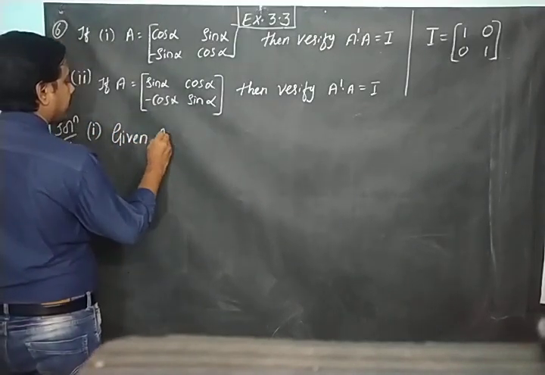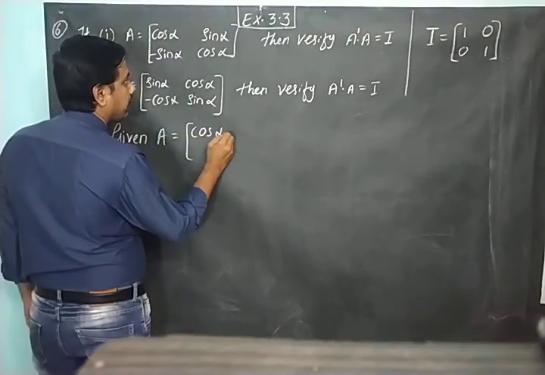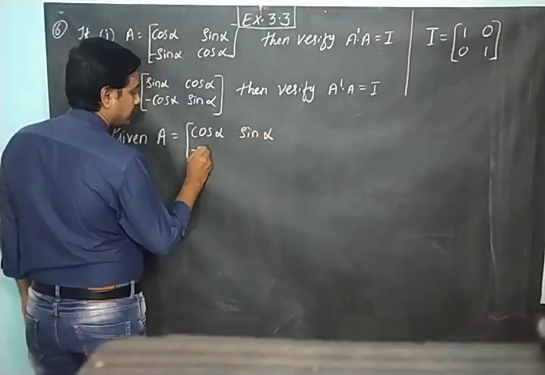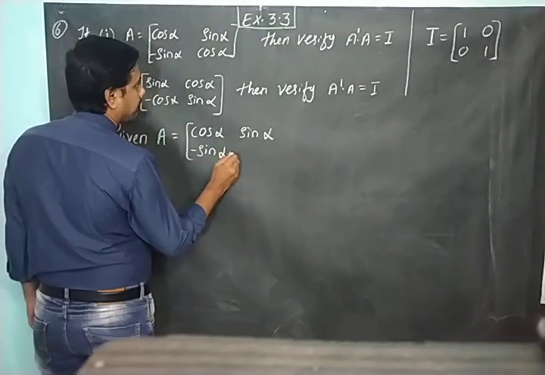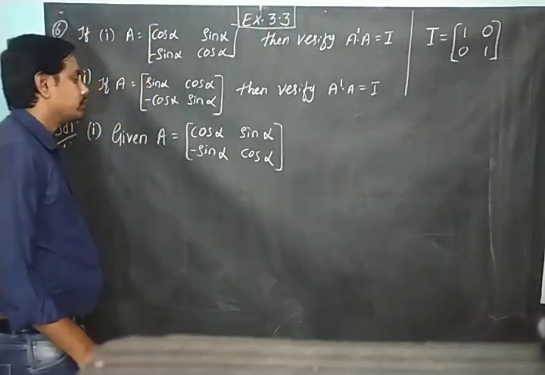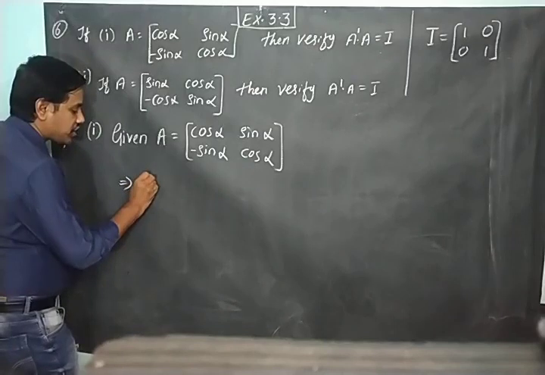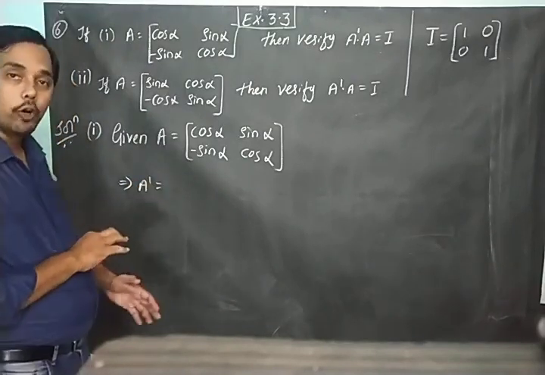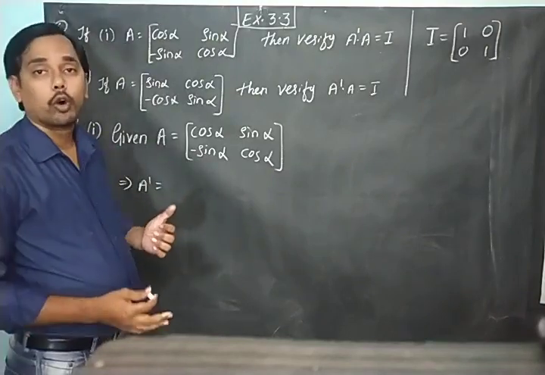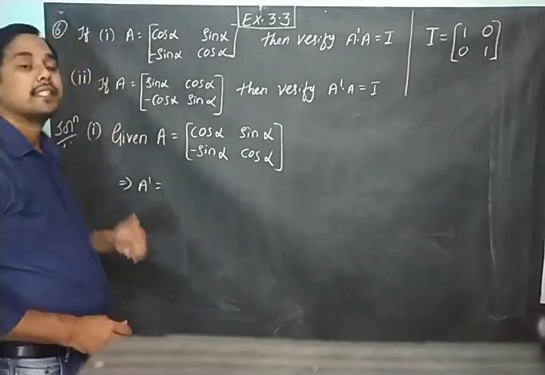Given A is equal to [cos alpha, sin alpha; minus sin alpha, cos alpha], right? So what will be A dash? That is the transpose of A. We all know that the transpose of a matrix is nothing but interchanging rows and columns. So the first row we write as the first column, the second row as the second column.